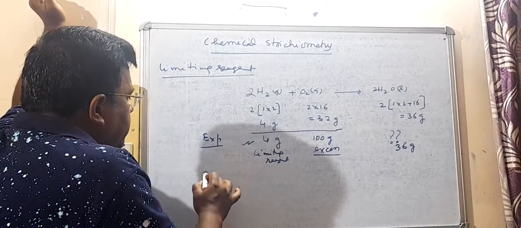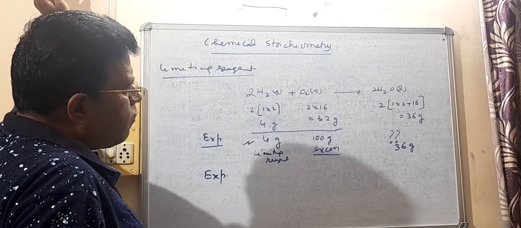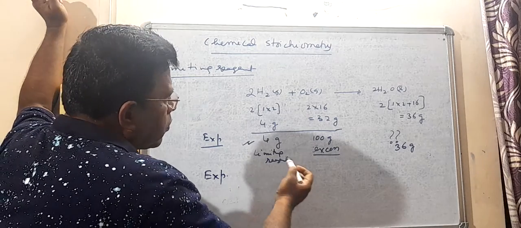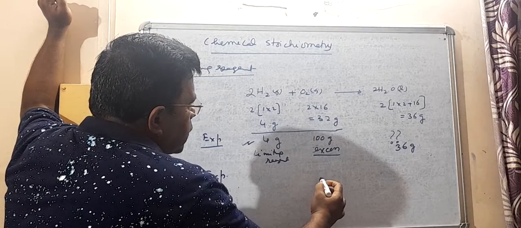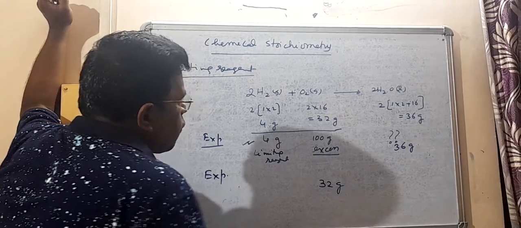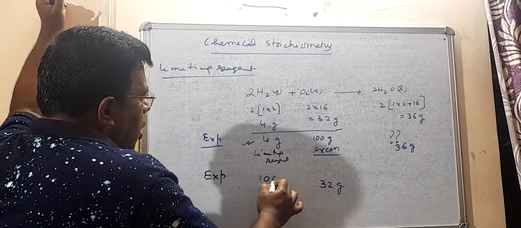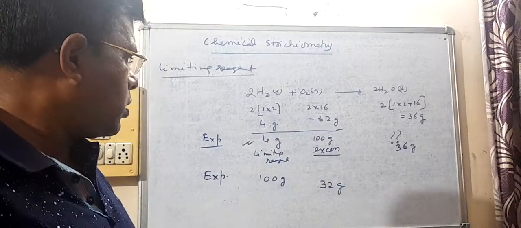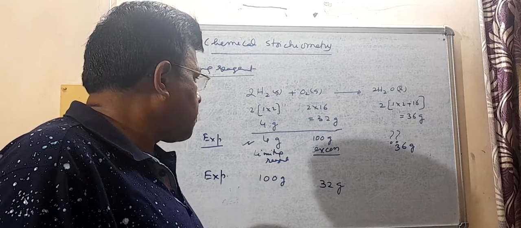Okay, now suppose in another experiment, we are taking 32 gram of oxygen and 100 gram of hydrogen.